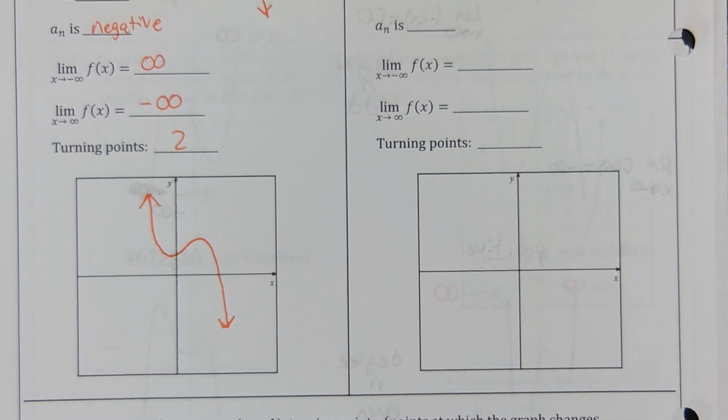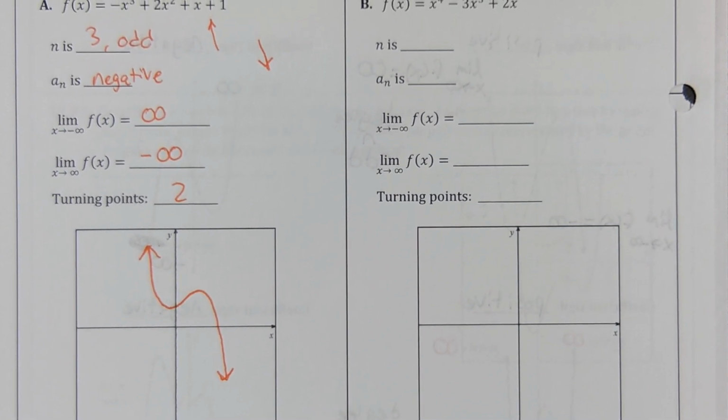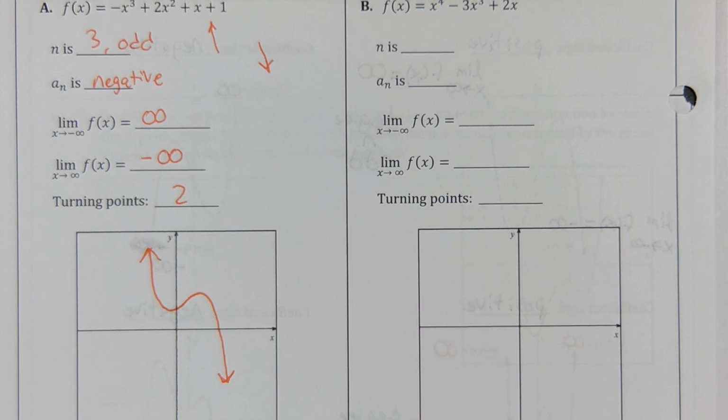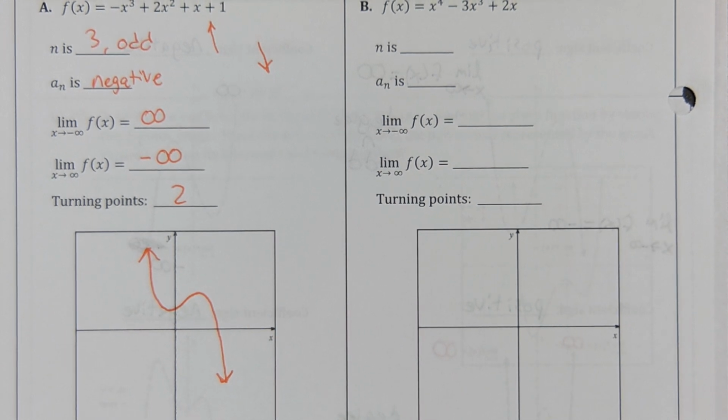Last period, one of the students said, so are turning points just the extrema? And I said, well, all turning points are extrema. All turning points are either a maximum or a minimum. However, there are some extrema that are not turning points, namely endpoints.